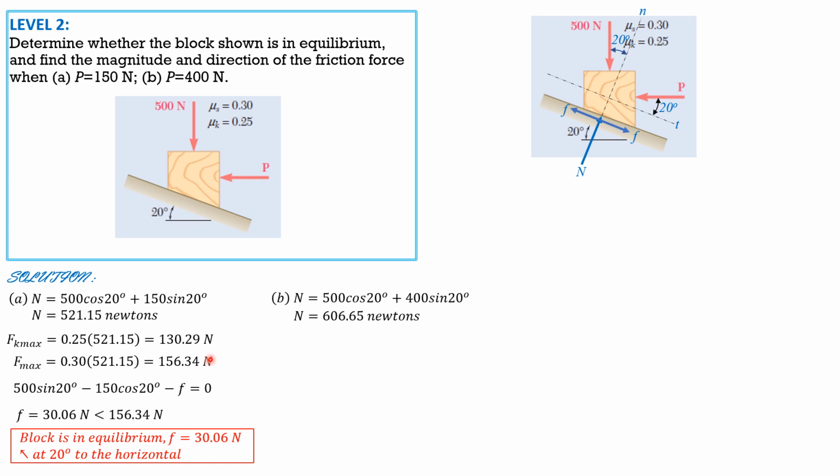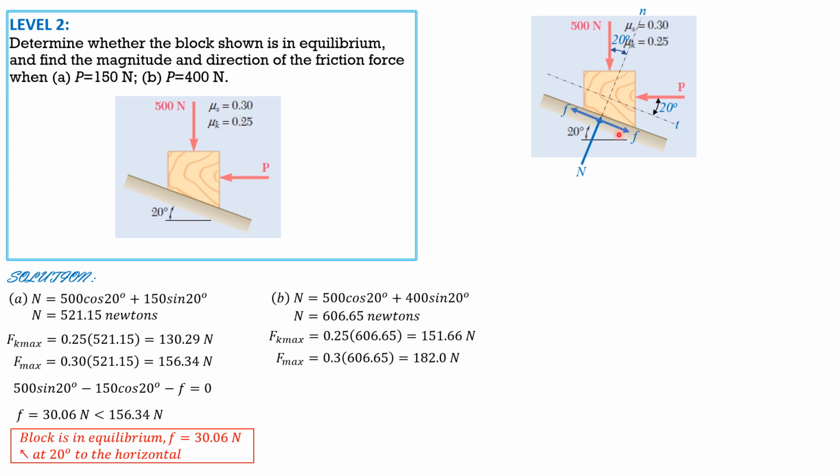Maximum frictional resistance if the block is in motion, Fk max, is 0.25 of 606.65, so it is 151.66 newtons, and F max, for the block to remain in equilibrium, is 0.3 of 606.65, 182 newtons.